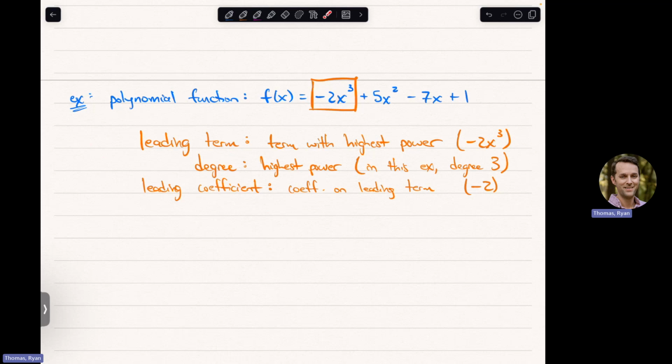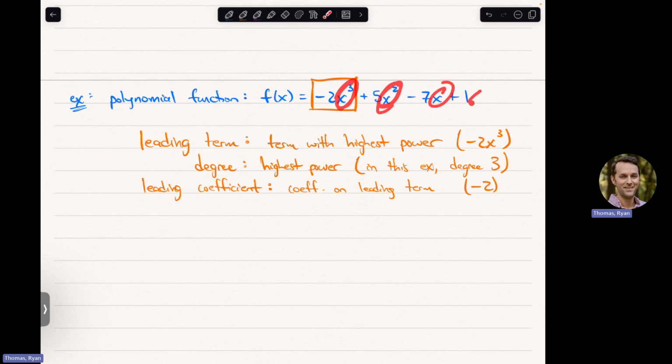Again, we'll see more of this as we get into it, but what this means is that with degree 3, when we go out far enough in the function, this term does most of the work in determining how it behaves. These lower order terms, when x is, I don't know, 1,000 or something, cubing is much, much bigger than squaring, right?